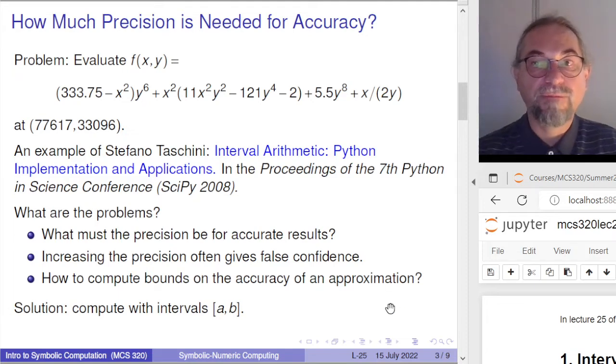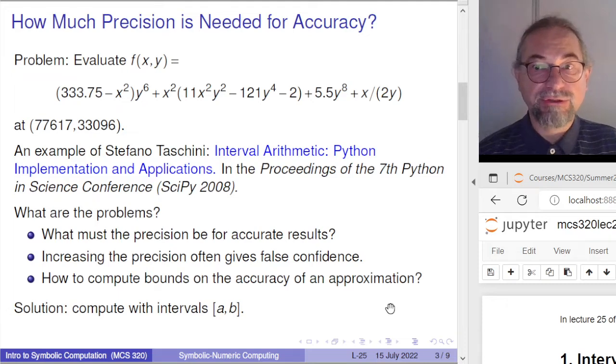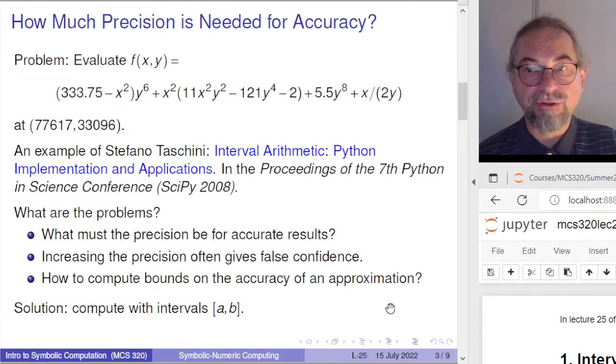For several levels of precision, as we increase the digits, we will have plateaus of the same numbers. So the answer to this question is that we can compute with intervals, just like we can compute with numbers, and the interval contains the exact number, and the size of the interval gives us an error bound. So if these intervals are extremely wide, then in essence your precision is too low.